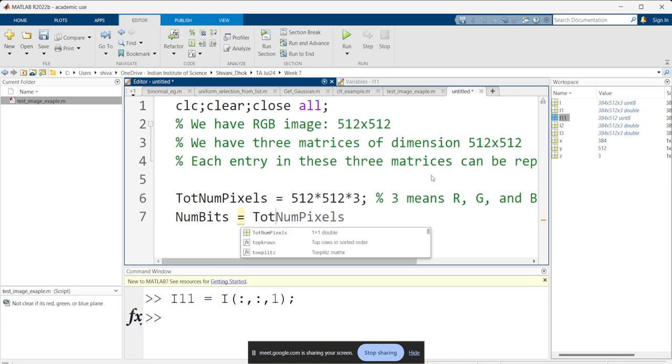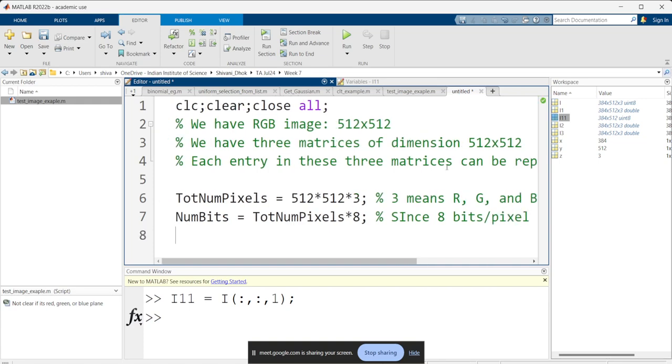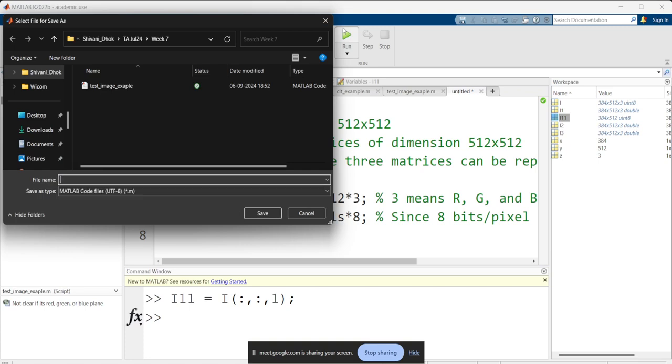That will be equal to the total number of pixels times the number of bits required to represent each pixel, and that is 8, since it is 8 bits per pixel. Let's run it and see. So this is question number 3 in tutorial 7.